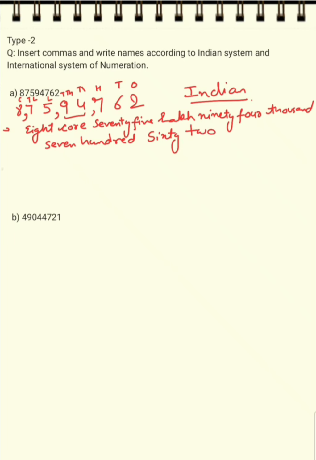Okay, and according to the international system of numeration, we'll put commas now. First let me write this number over here: 87594762. First comma will come here and second comma will come after the next 3 digits here. So here we know the place values 1, 10, 100, 1000, 10,000. This is 100,000. After 1000 what will come here?